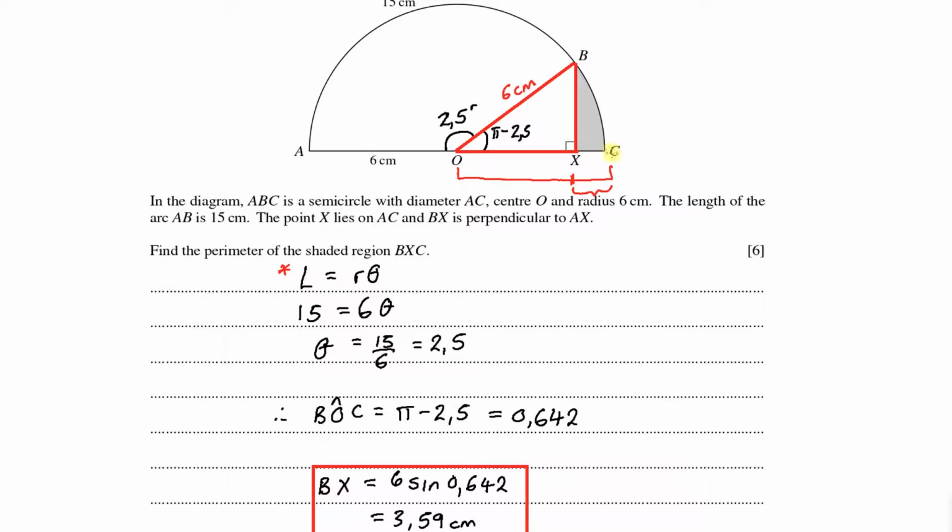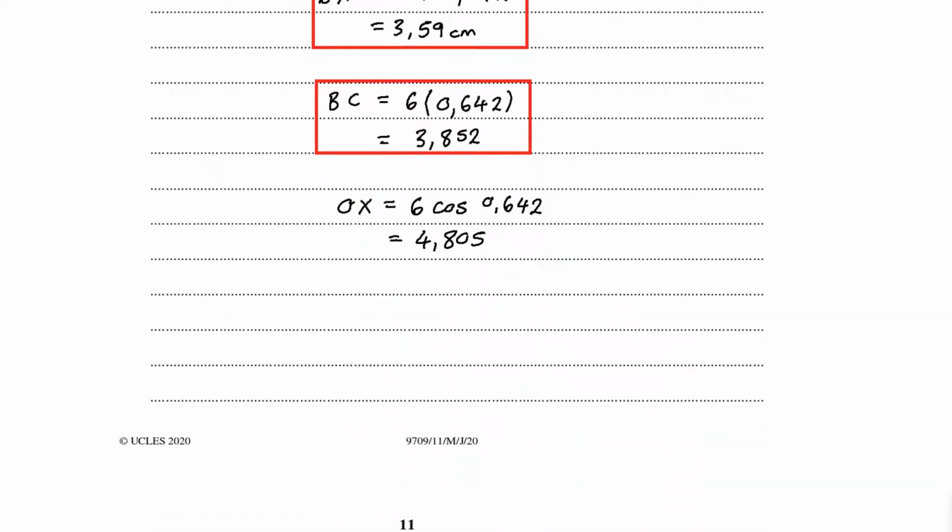So XC will be equal to 6 minus 4.805. And this gives us 1.193. So we now have XC.